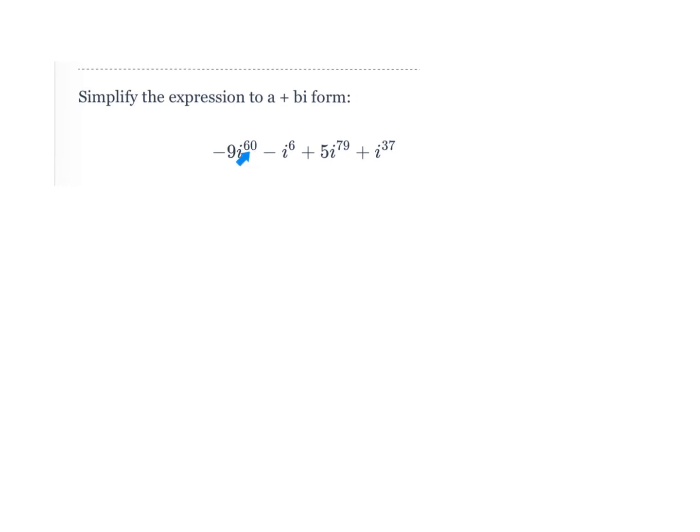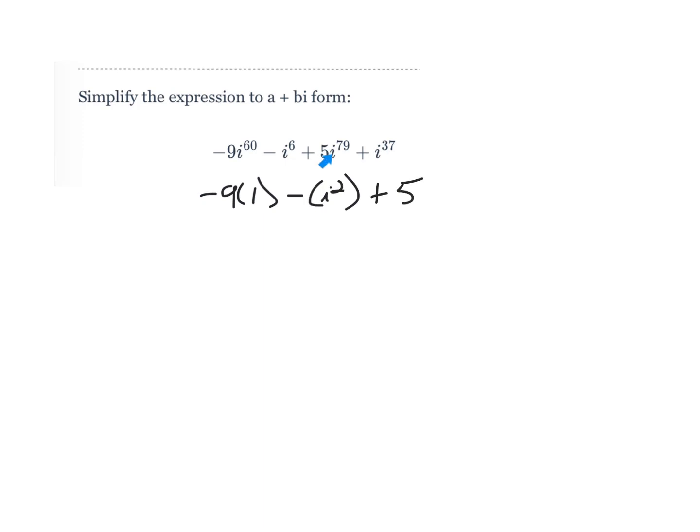Now, 60 is divisible by 4, so I know that this one basically says negative 9 times 1. Then we have minus, well, I to the 6th, if we divide by 4, we could say our remainder is I squared. All right. Then we're going to add 5.